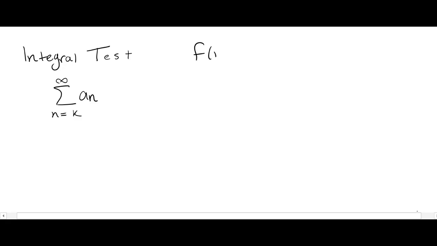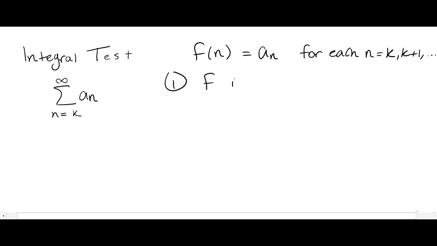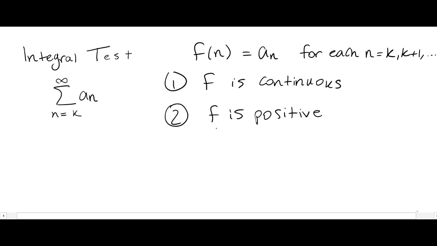But suppose the series satisfies some conditions. Say that you have a function f which agrees with the sequence an at each number starting at k. And suppose f is continuous, f is positive, meaning f of x is non-negative for all x larger than or equal to k.